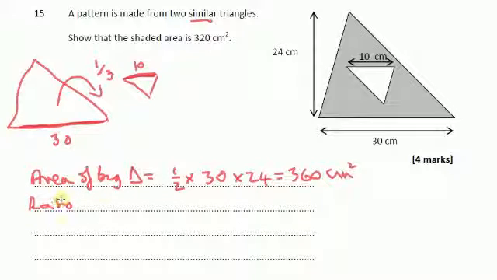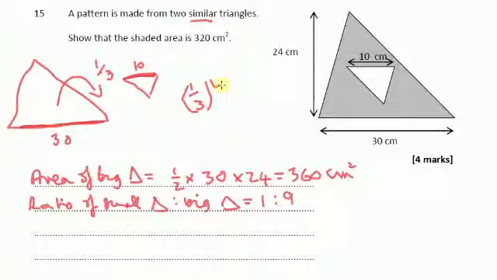And we know something, well, let's say the ratio of small triangle to big triangle is equal to, now it's not 1/3, because when it's areas we have to square the scale factor. So it's 1/9 for the areas. 1/3 squared is 1/9.